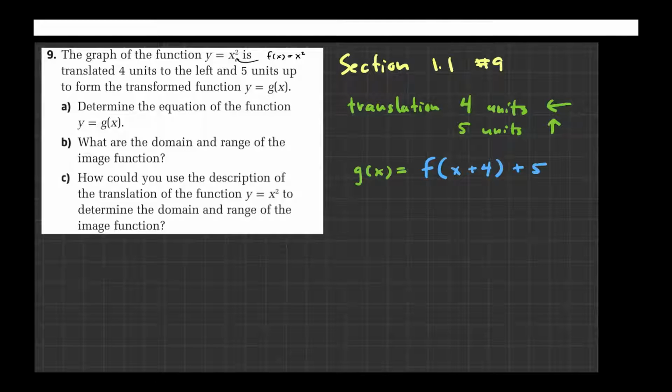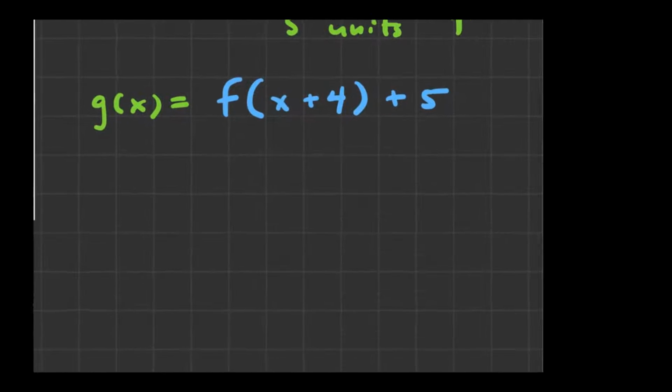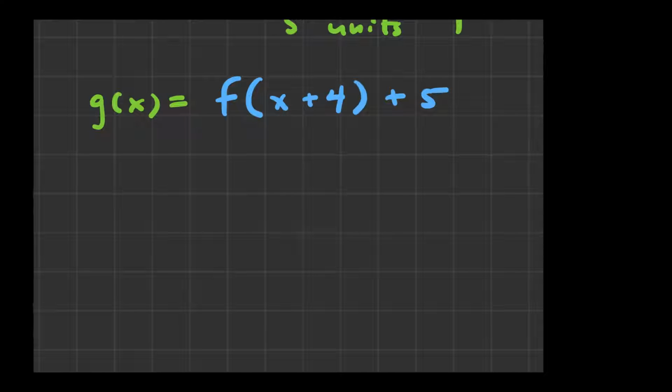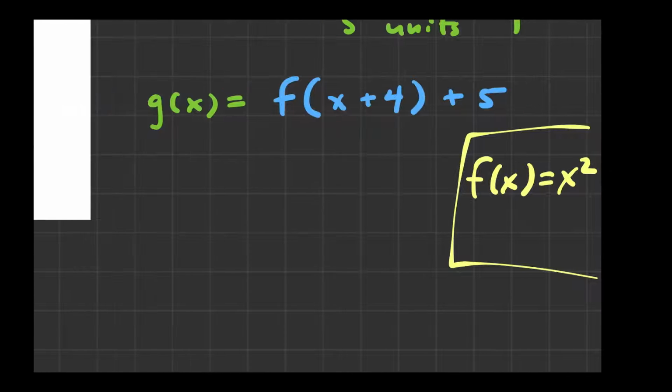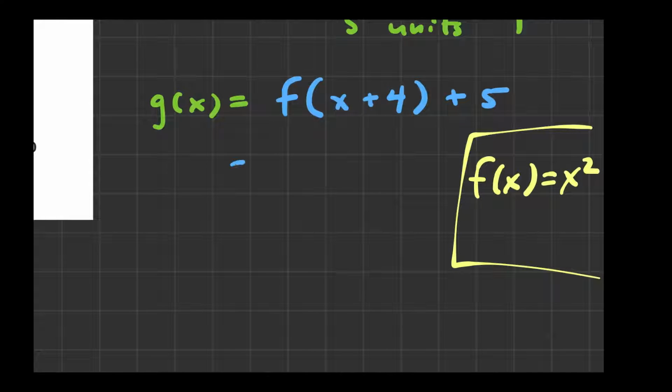Now all I have to do is plug these values into my original function, and I know that f of x is x squared. So let's write that on the side: f of x is equal to x squared. Knowing that, if I have f of x plus 4, I'm going to have x plus 4 squared, because that's what f does: it takes its input and squares it.